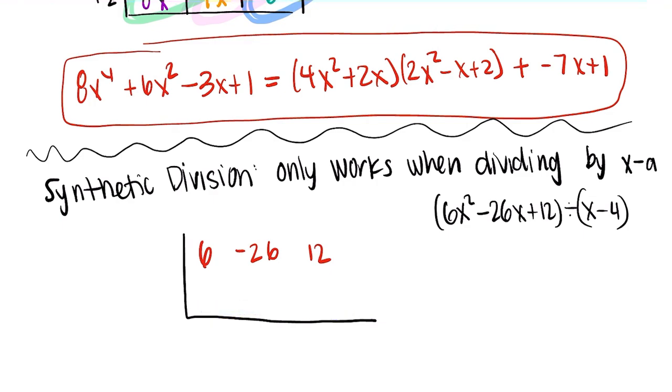What did we put on the outside? So it'll be x minus 4, except when we're doing our synthetic division, we're just dealing with the numbers. So we actually want to put the root or the 0 of this polynomial. So instead of x minus 4, I'm going to just put a 4.